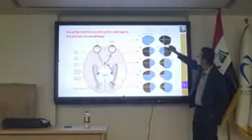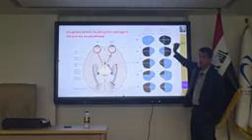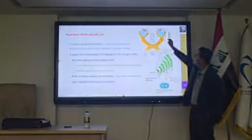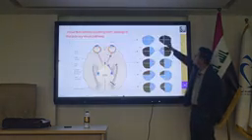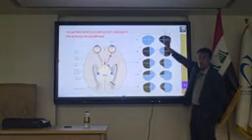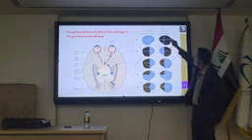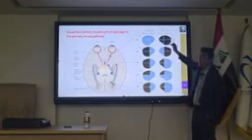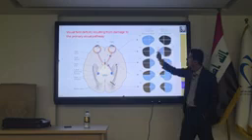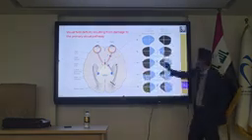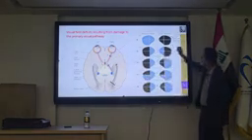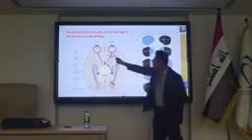Right? So consider that this one is part of the visual field. So this part of the visual field is seen by the temporal retina. This part is seen by the nasal retina.